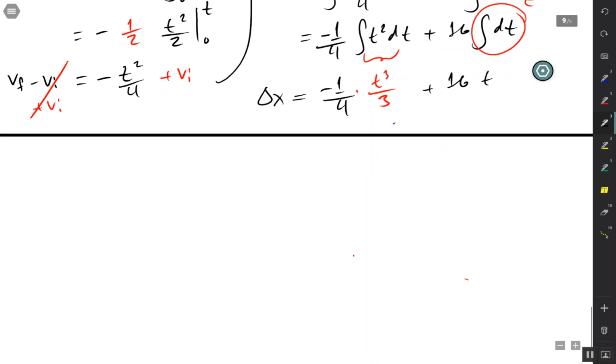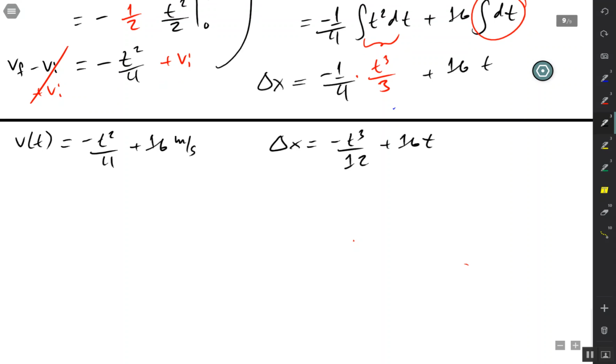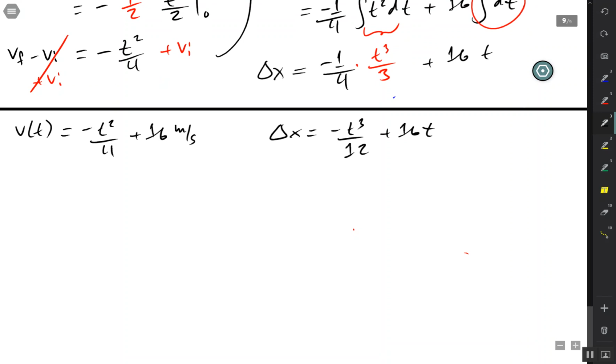So go to page 2 and rewrite these equations that we had. One for velocity, and we had another one for displacement. So here we need to find at what time the velocity is equal to 0.